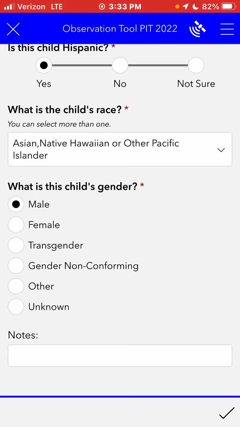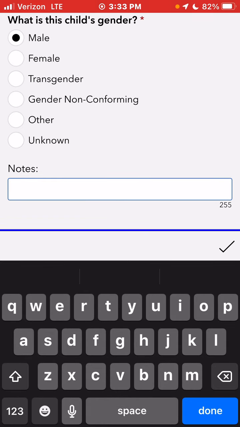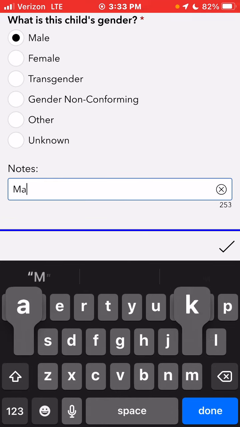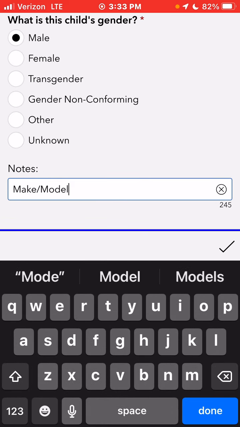If you are observing someone who is sleeping in a car, in the notes section, type in the make, model, and color of the car. Never type in the license plate number.